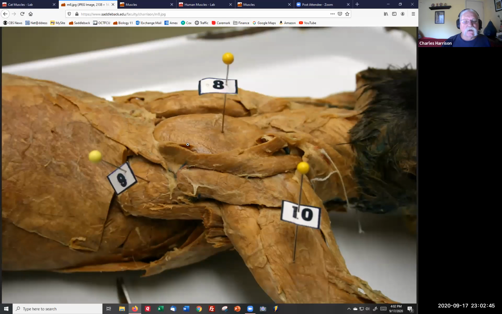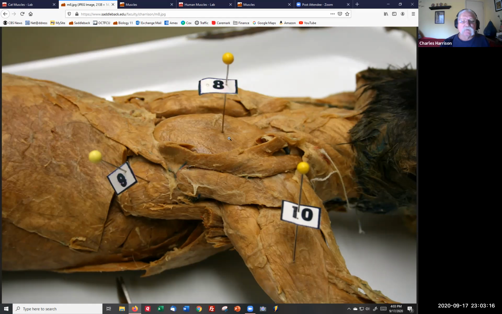The supraspinatus is number 8. Okay, here's the shoulder blade lying back down. We don't have it stretched to see the rhomboides. We do have the acromiotrapezius peeled back and cut. Here's the spinal trapezius. Here's the acromiotrapezius, but I pulled it back, cut it so that you can see the back of the shoulder blade.